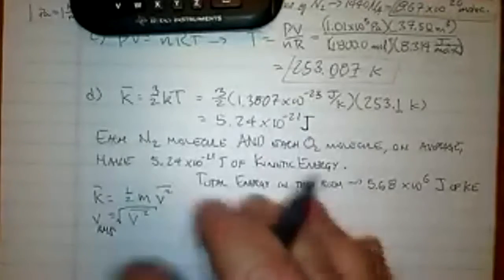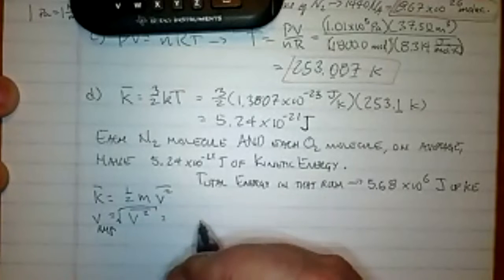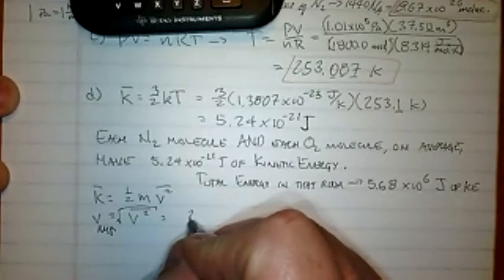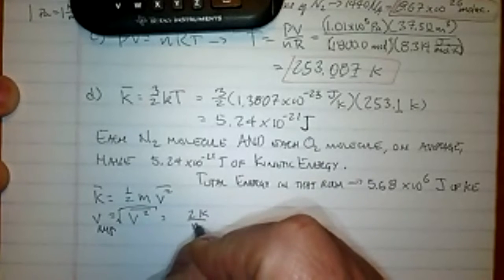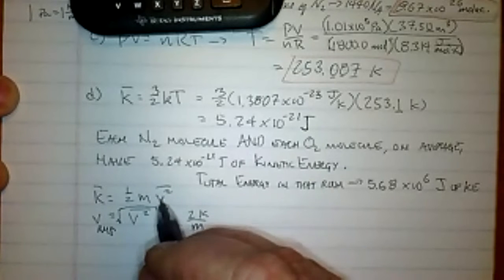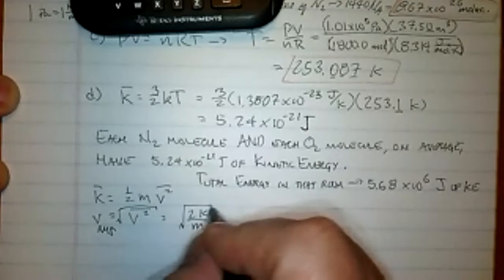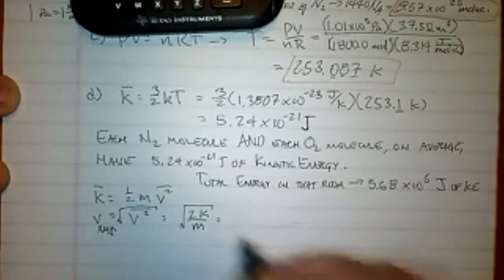So what I'm going to do is solve for v squared bar, which is 2k over m. That's what I get when I solve for v squared bar, but now I've got to take the square root of that.